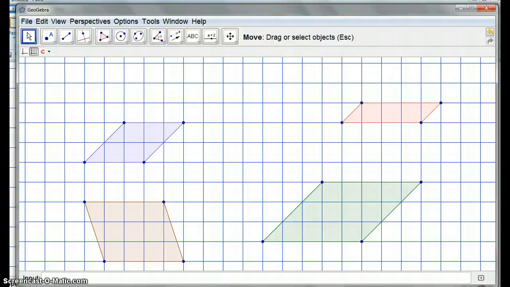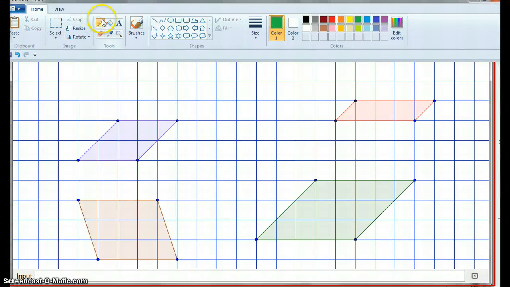Okay, so now work out the area of those 4 now. Alrighty. So the area of this one. What's our base, or length of the base?